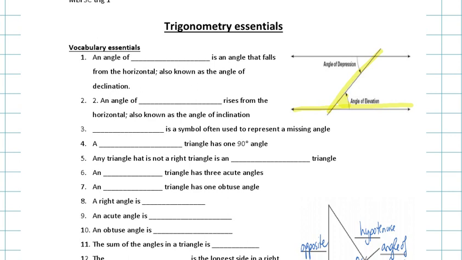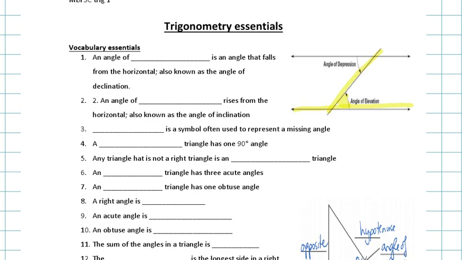Now, the angle of depression is also coming out of the horizontal, but if I'm looking down, okay? So I'm looking down on the ground, there is a horizontal line coming out of my eyes, and then a line that's coming out to the object, then the angle between the two is the angle of depression.